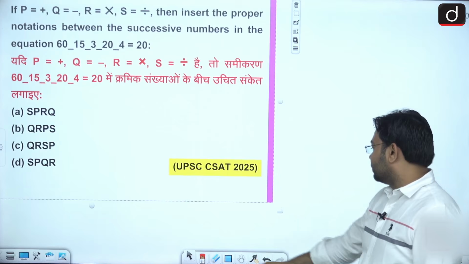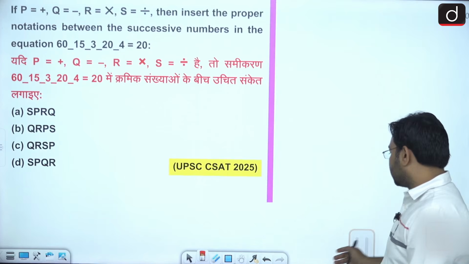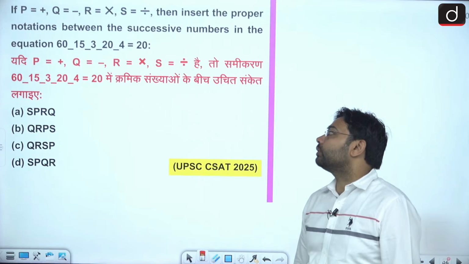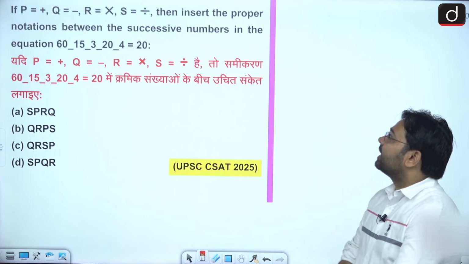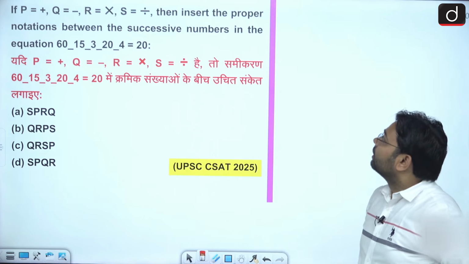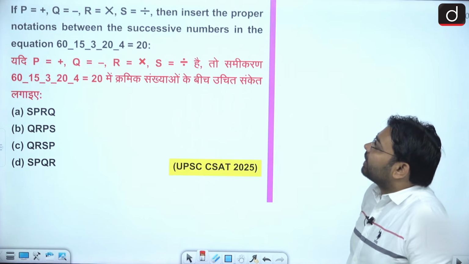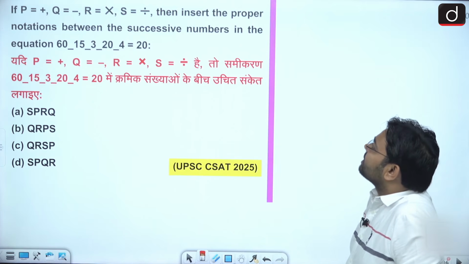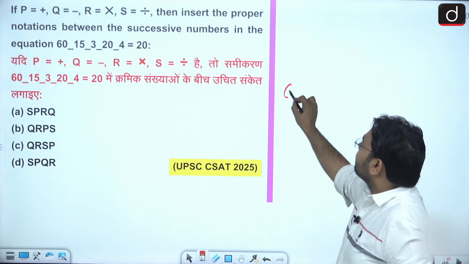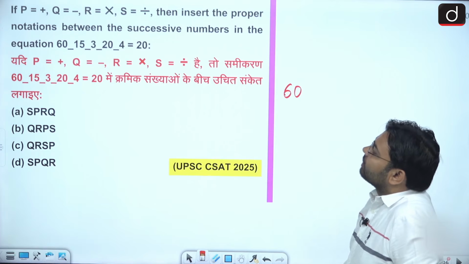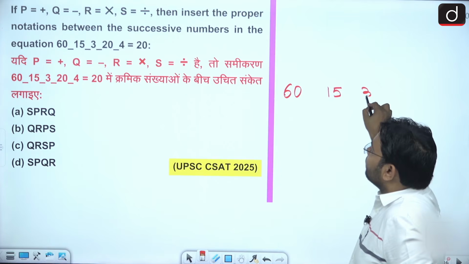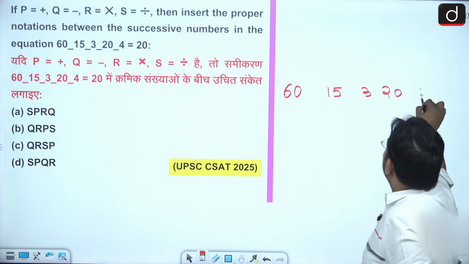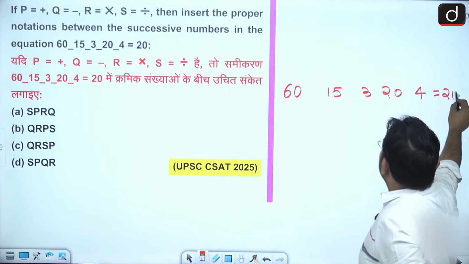P is equal to plus, Q is equal to minus, R is equal to multiplication, and S is divide. Then insert the proper notations between the successive numbers in the equation 60, 15, 3, 24 is equal to.